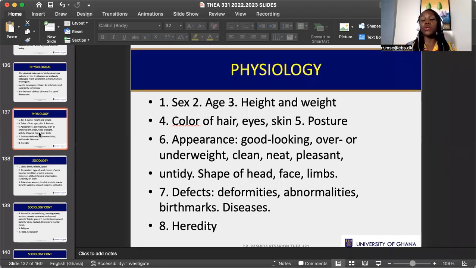So when we see people's physicality or physiology, we are quick to just judge this person, oh, as this or as that and all that. It is the first thing we see, but it is not a good basis upon which to judge people or discriminate against people just by looking at their physiology. Does that make sense?